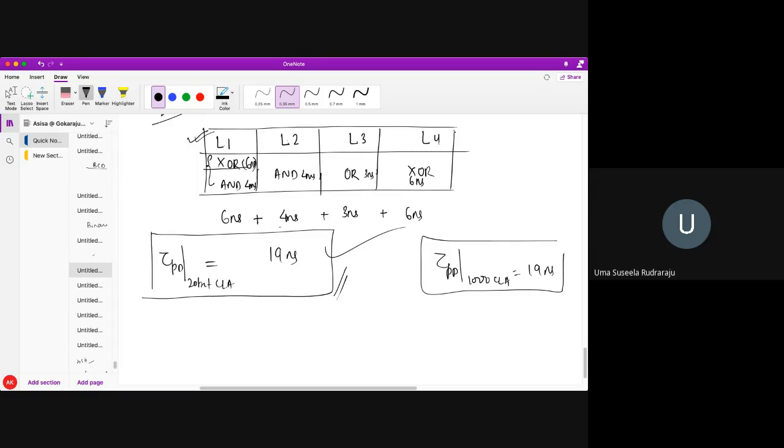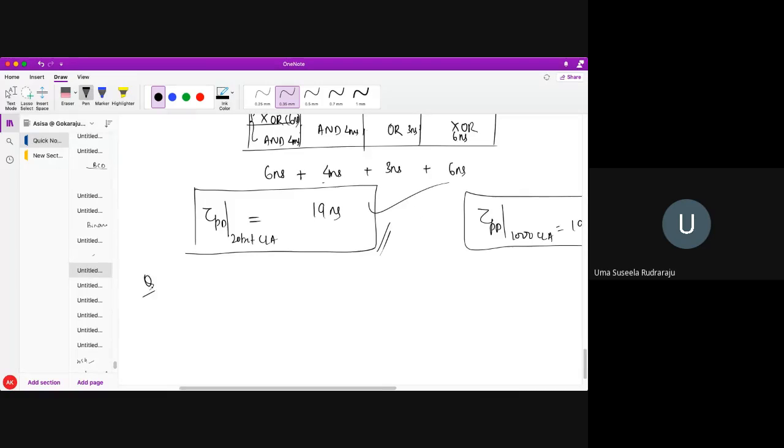Now, the same kind of question we are going to do. Please try to understand. Find out the propagation delay of another question. These are all very important, students, and not in the book actually.